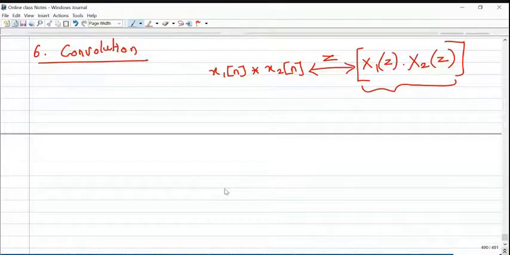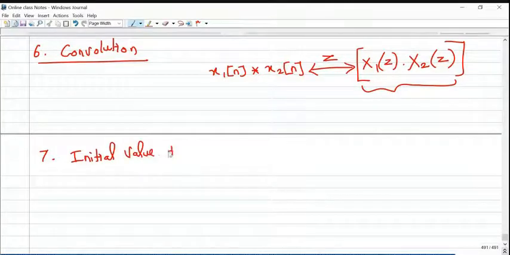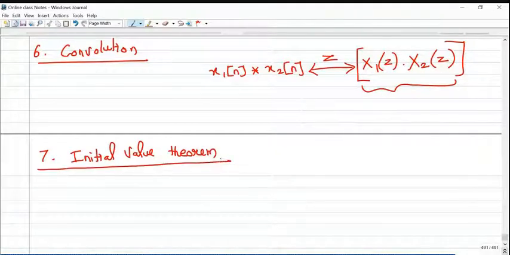So these are some important properties in Z transform. And next one, initial value theorem. Initial value theorem in Z transform: the initial value of a signal can be obtained from its Z transform.